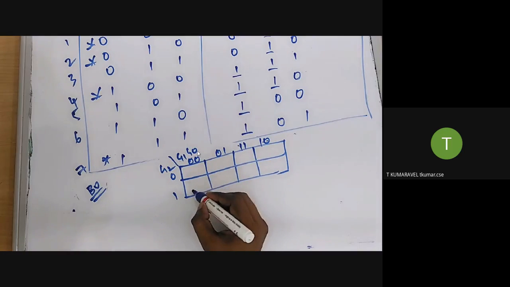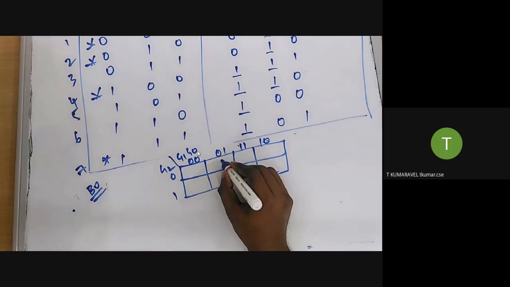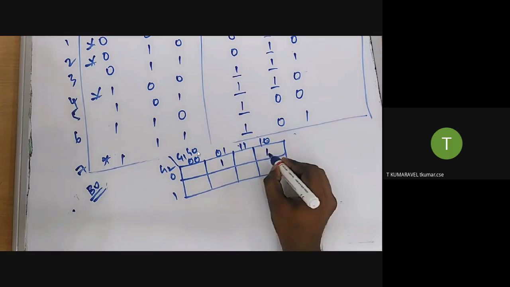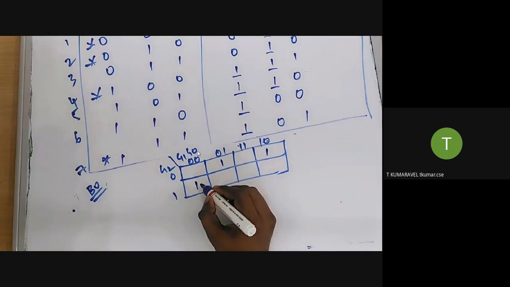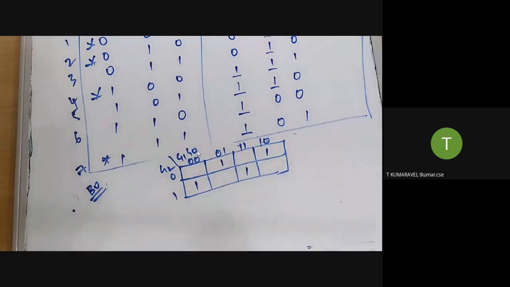What is the first combination? 0, 0, 1. What about next? 0, 1, 0. What about next case? 1, 0, 0. What about next case? 1, 1, 1. Here what are the possible groupings available?